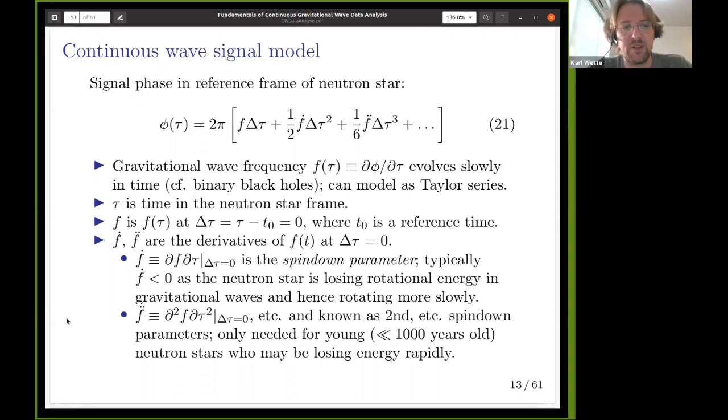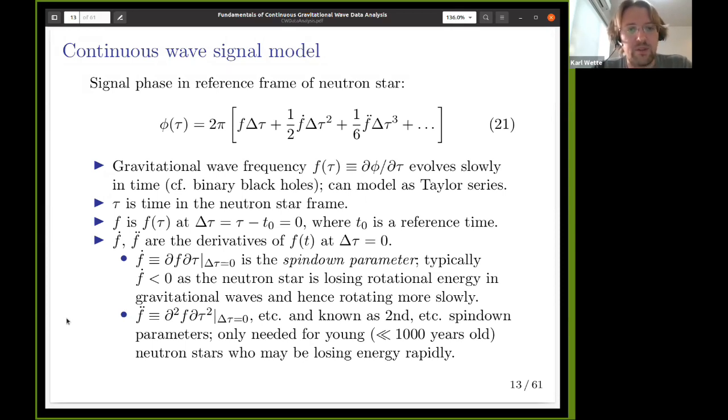So f is the frequency at a particular point in time, given by t0, which is some reference time that we can choose. It's an important notational distinction: when I write f of tau or f of t, that's a function that evolves with time. If I just write f, that's the value of that function evaluated at a particular moment in time. So it's important to remember the difference in that notation.